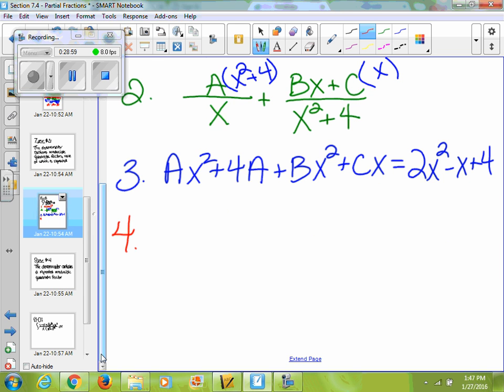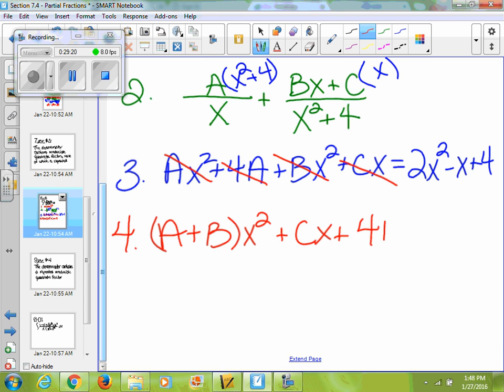Okay, so let me factor out my common coefficients. So I have an ax squared plus bx squared, so I have a plus b times x squared. I only have one regular x factor, so just cx. And I only have one constant factor, which is 4a.